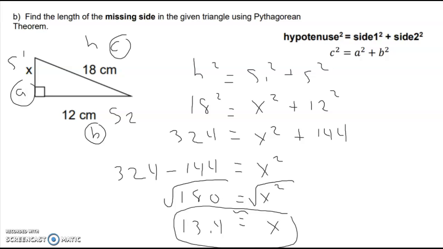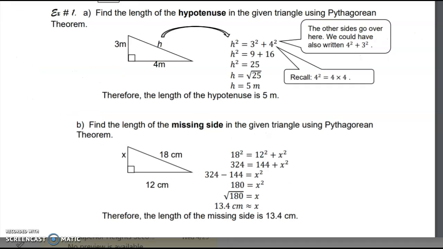Because it's a word problem, you have to have a therefore sentence. So you would write, therefore, the missing side length is approximately 13.4, and you would say centimeters. Let's see if I can just copy and paste.